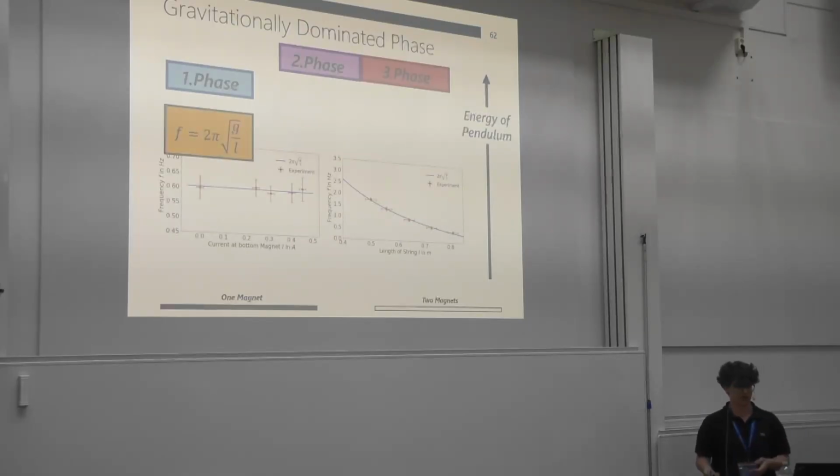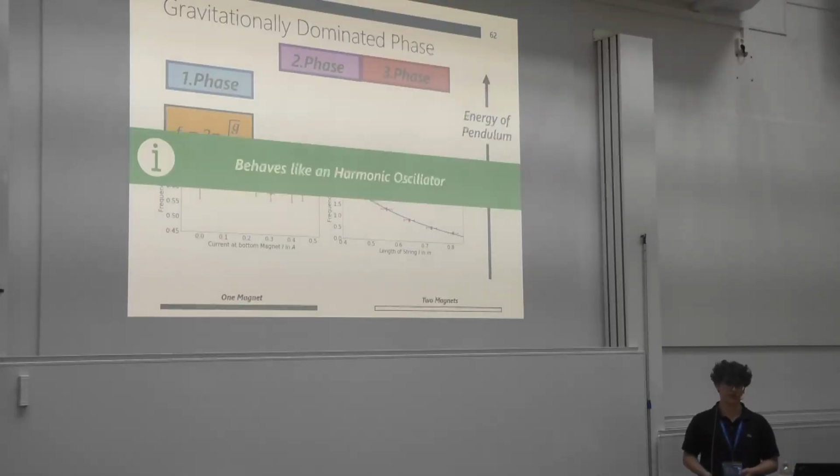We can check this by looking at the frequencies for various parameters and then comparing them to just the solution of a simple harmonic oscillator. As you can see right there, this agrees very well. So one can say that this is the gravitationally dominated phase, and this behaves like a harmonic oscillator.